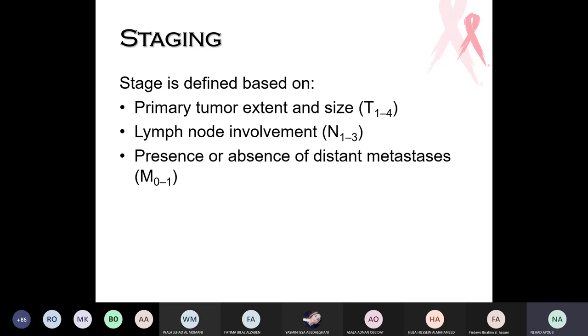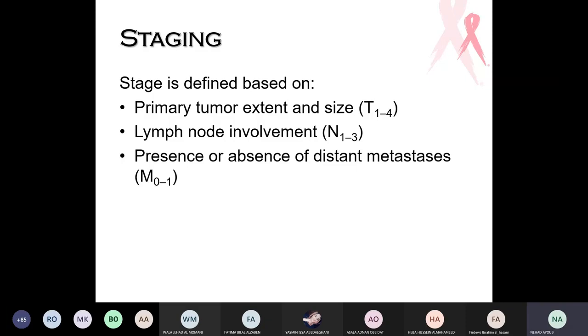And based on the number of lymph nodes containing cancer cells, we give a value for N going from 1 to 3. فبالتالي, if I tell you that the patient has N1 disease, it means directly there is lymph node involvement, or this is a lymph node positive breast cancer disease, and the number of lymph nodes involved with cancer cells is from 1 to 3.